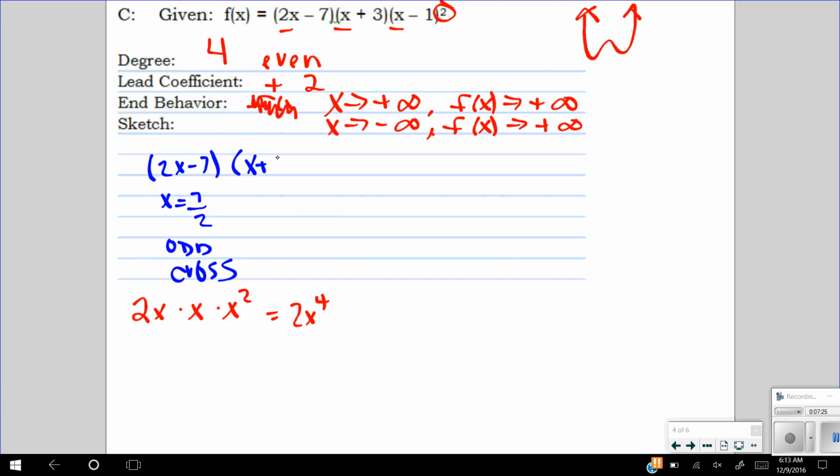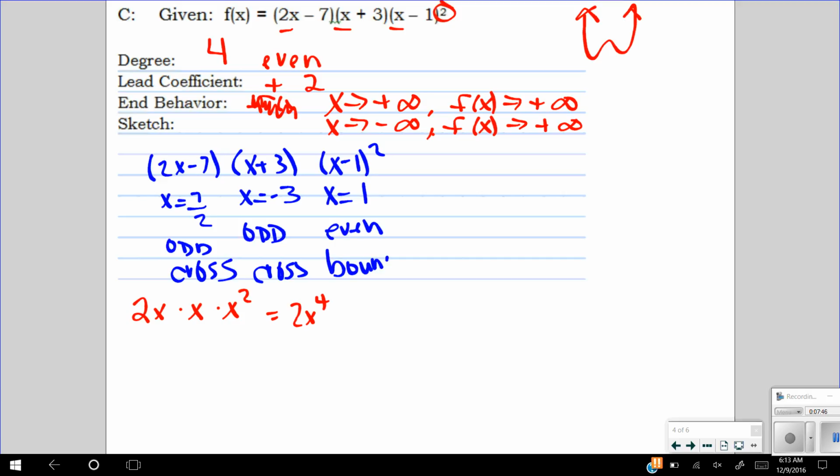For x plus 3, the 0 would be -3. And since there's only one of them, it's odd, making it a cross point. And for x minus 1 squared, the 0 would be 1. But there's two of them because it's squared, so it's even, making it a bounce point.